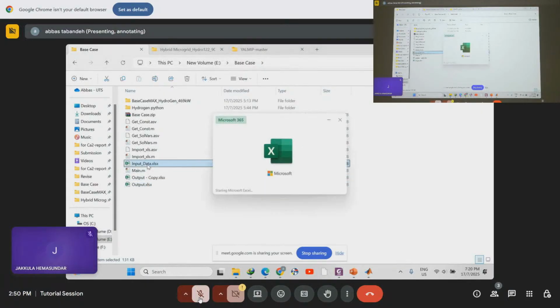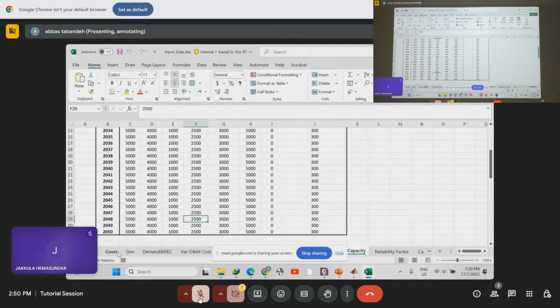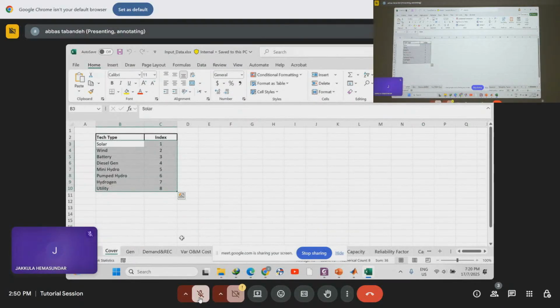So first we need to click on the input Excel sheet that I have prepared. In this microgrid design, we want to consider different technologies, as I said: solar, wind, battery, diesel generator, mini hydro generator, pumped hydro storage, and the hydrogen technologies.